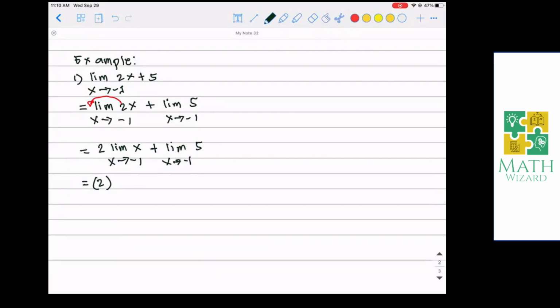So, the limit of x as x approaches to negative 1, makikita natin sa theorem 2, kung saan nag-a-approach si x, and that would be negative 1, plus the limit of a constant being stated in the first theorem na kung hahanapin natin ang limit ng constant, ang sagot is the constant itself. So we have 5.